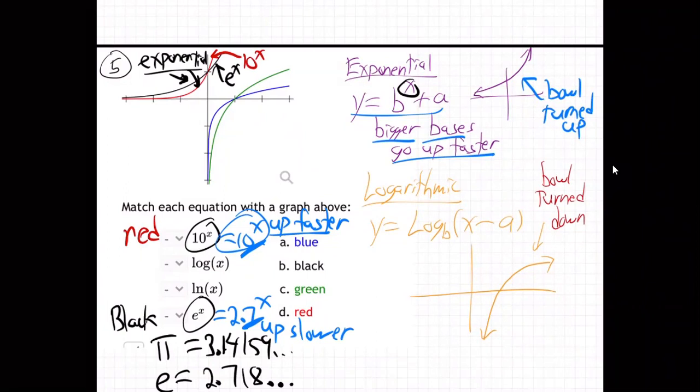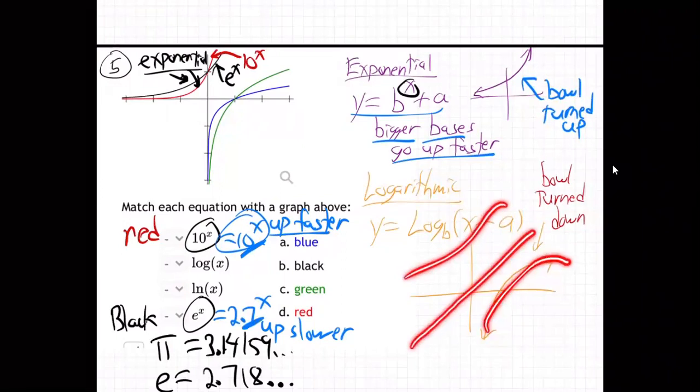Now, let's look at the other two graphs. The other two are logs. They look like logs, right? They're bowls turned down, which is the inverse. You know, what is a logarithm? It's the inverse, it's the opposite of an exponential. As we can see from the graph, they're mere reflections of each other.